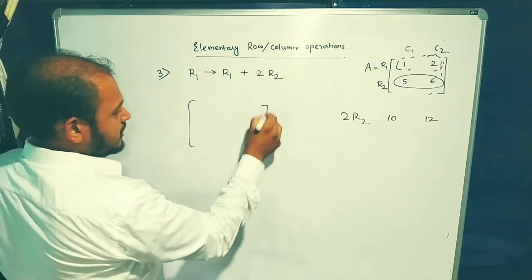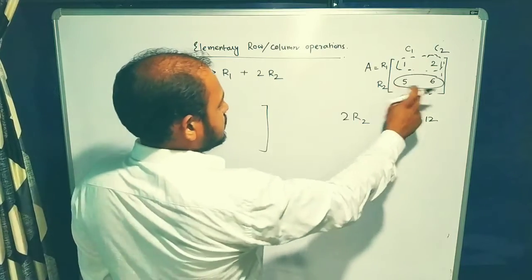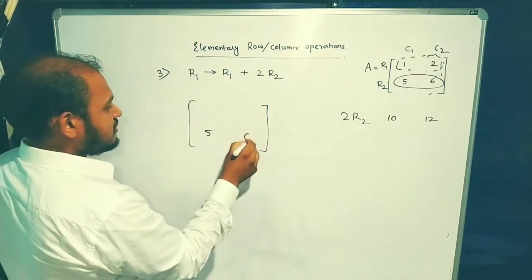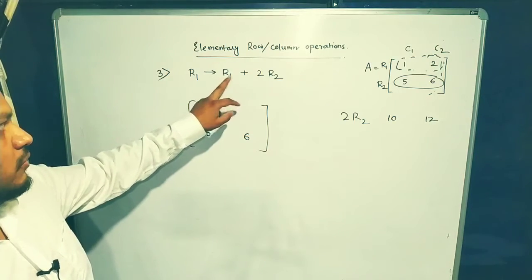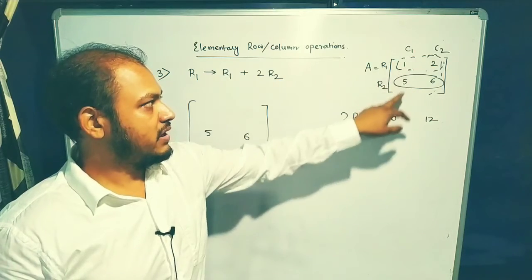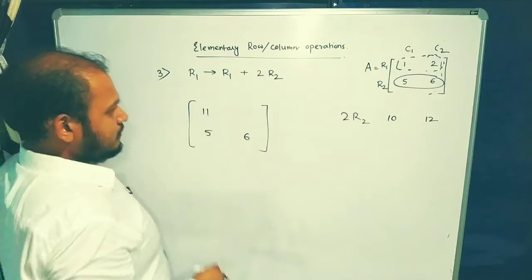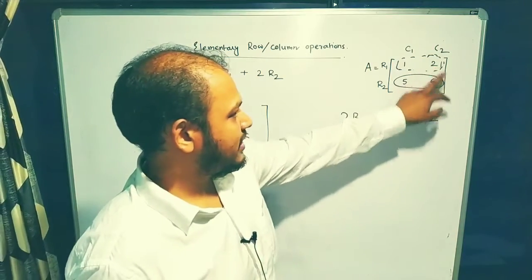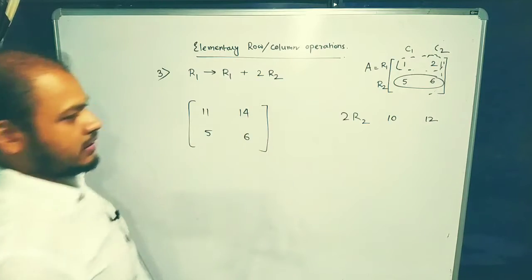So let's draw the matrix here, and we see that R2 is not getting changed. So let us write R2 as it is, and look at the first row. First row becomes first row plus 2R2. So first row has number 1 here, and it gets added to 10, it becomes 11. In a similar manner, 2 gets added with 12, it becomes 14.